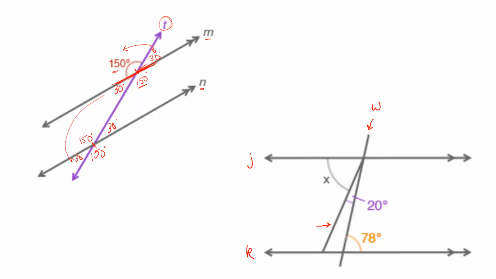So let's look at this angle. If I asked you, what is the alternate interior angle to 78 degrees? Hopefully you recognize it's both of these put together. So it starts here, right?